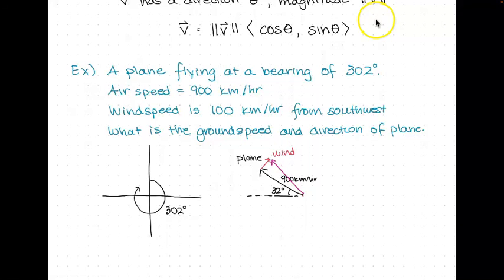This is not the greatest picture because everything's overlapping. But this is the plane trying to go in the direction. Mainly the wind is pushing it in this direction, so this is the resultant vector. This is what the plane ends up flying in. So we have to find the direction and length of that pink vector. Any questions about that?